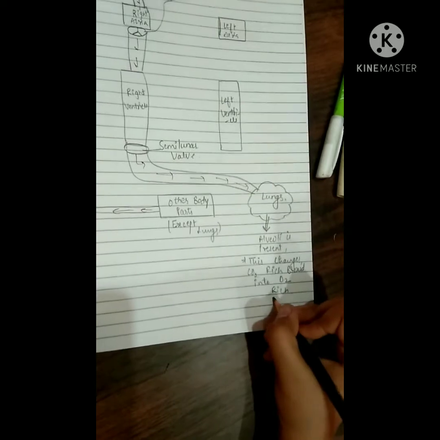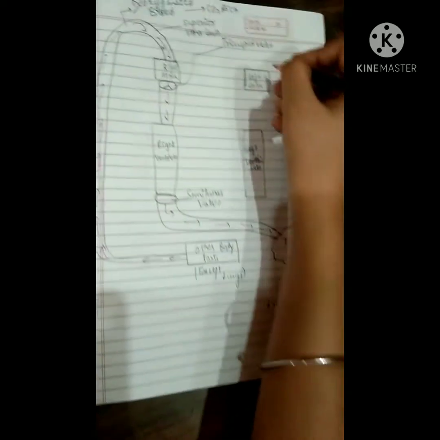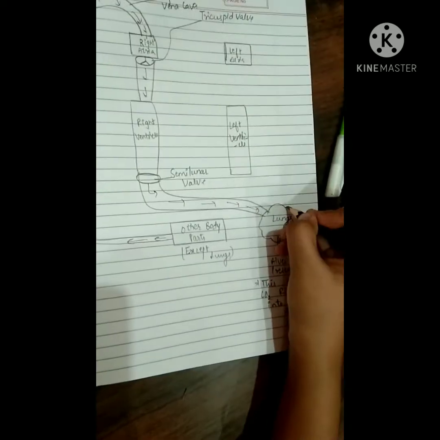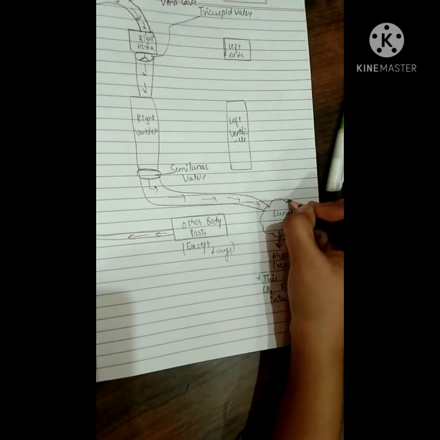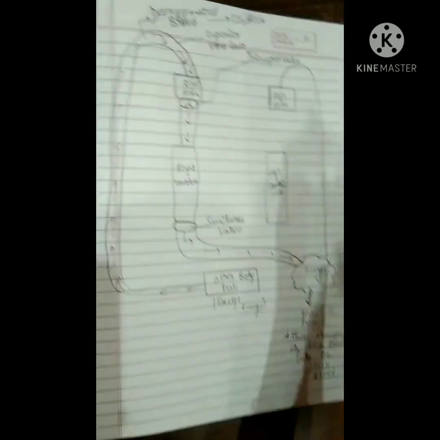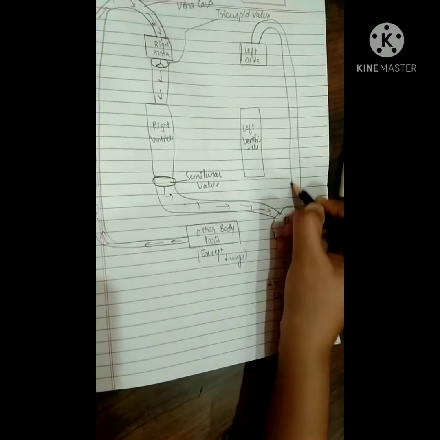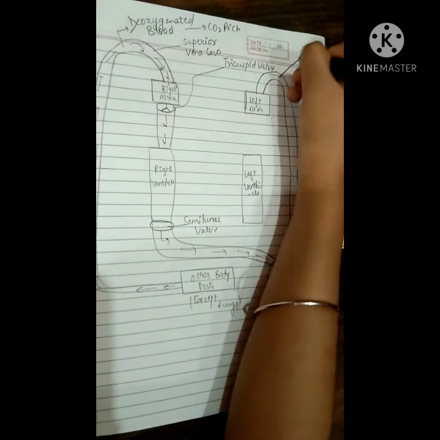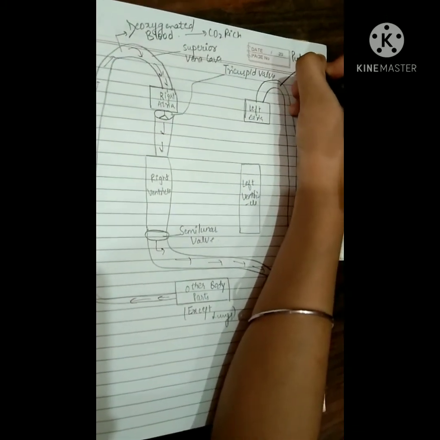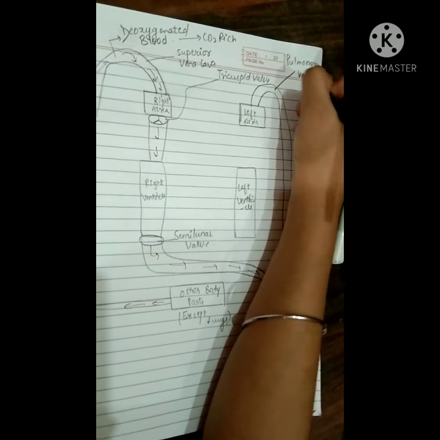Now from the lungs, oxygenated blood is passed to the left atrium by the pulmonary vein.